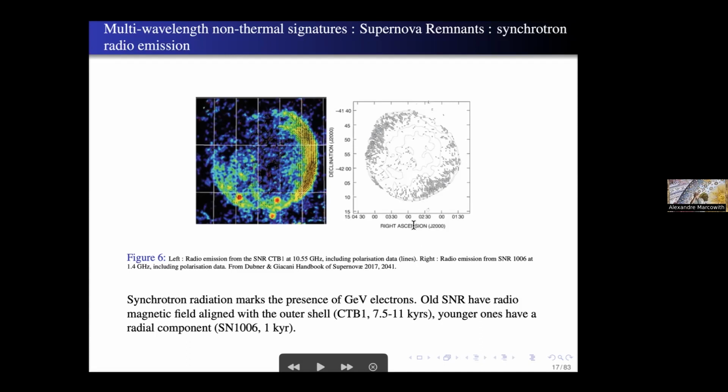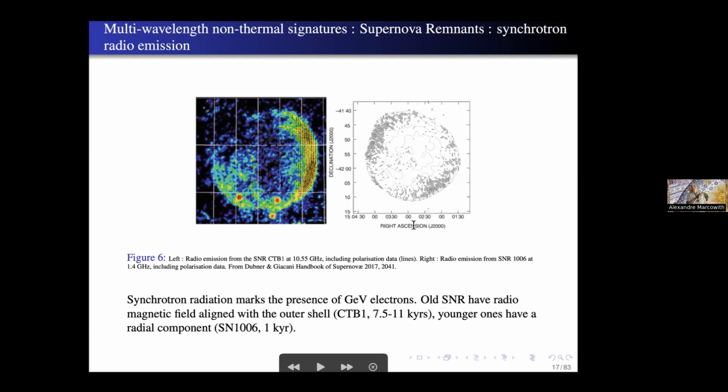Here is an old supernova, CTB1. Here you see you also have some polarization of the magnetic field. You see that the magnetic field is almost aligned with the shock front. And for a younger one, this is SNR 1006. So it exploded in 1006.